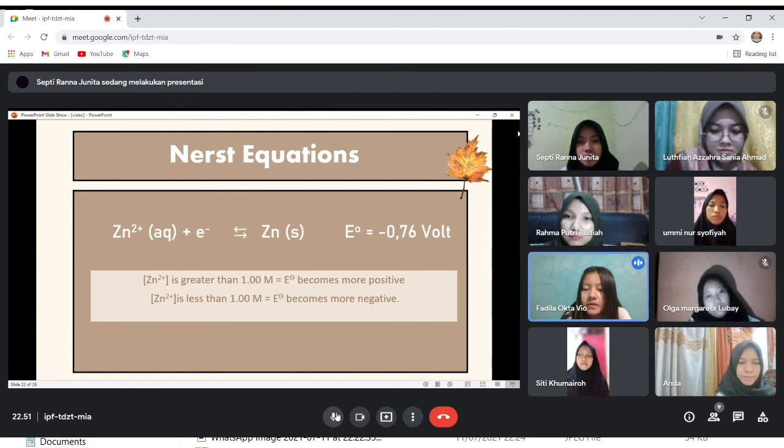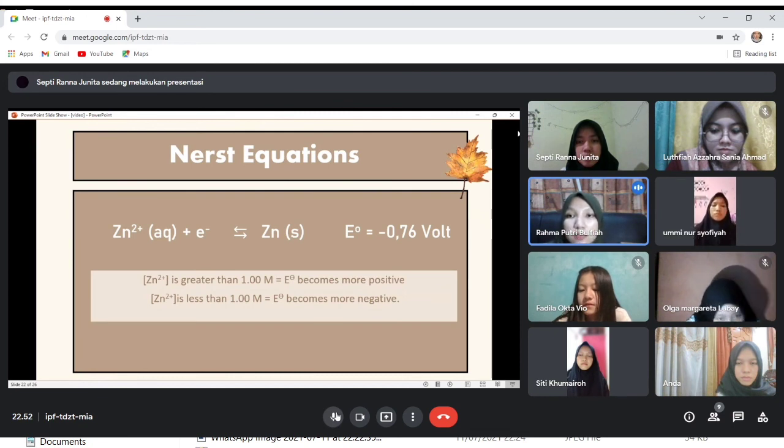Why did it happen, miss? Okay, we can apply Le Chatelier's principle to redox equilibria. If we increase the concentration of the species on the left of the equation, the position of equilibrium will shift to the right. So the value of the potential becomes more positive. Any question, guys?